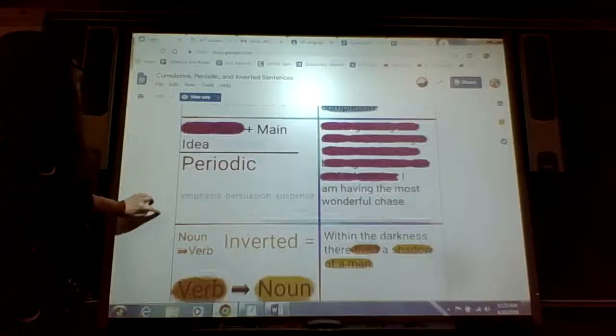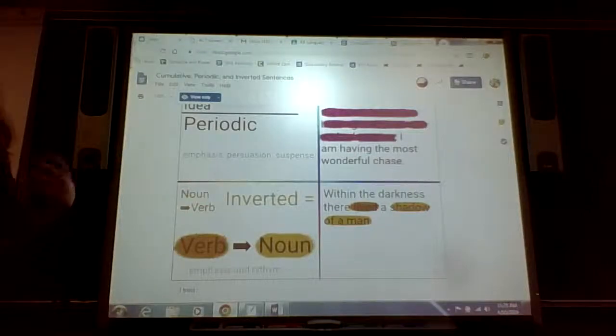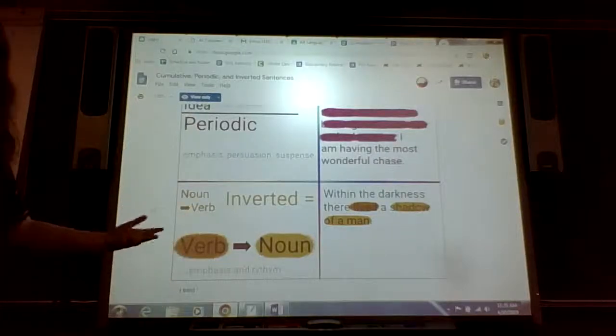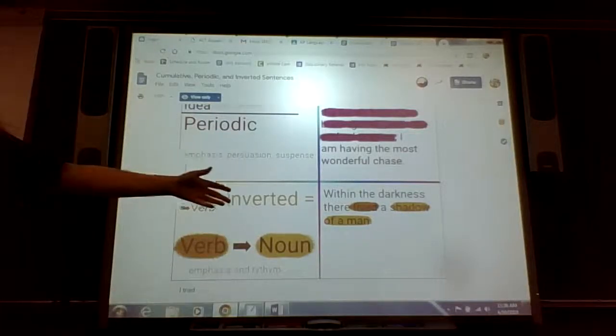And then inverted sentences are just making you sound more complex, I guess. Usually in a sentence, the noun comes before the verb, like, Lindenberg stood in front of a class. He did something. The way you do it in this is you do the verb first. So, within the darkness there lived a shadow of a man.